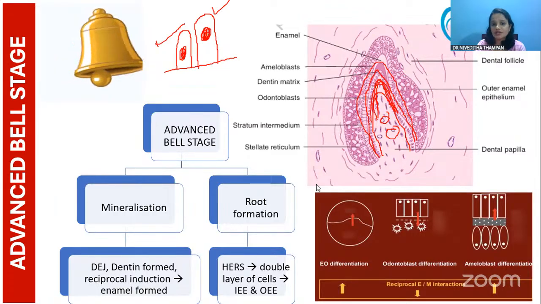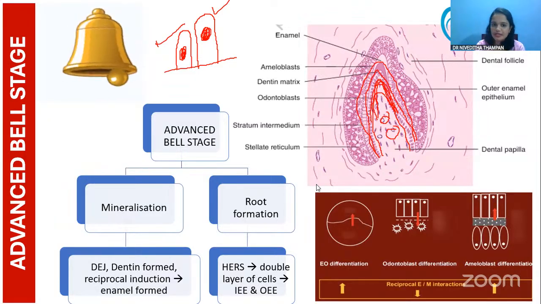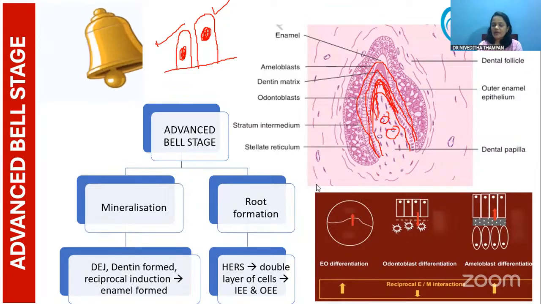Since it's a hard tissue, these blood vessels cannot penetrate it and give nutrition to the inner enamel epithelial cells. So how will these cells get nutrition once the hard tissue starts getting formed?